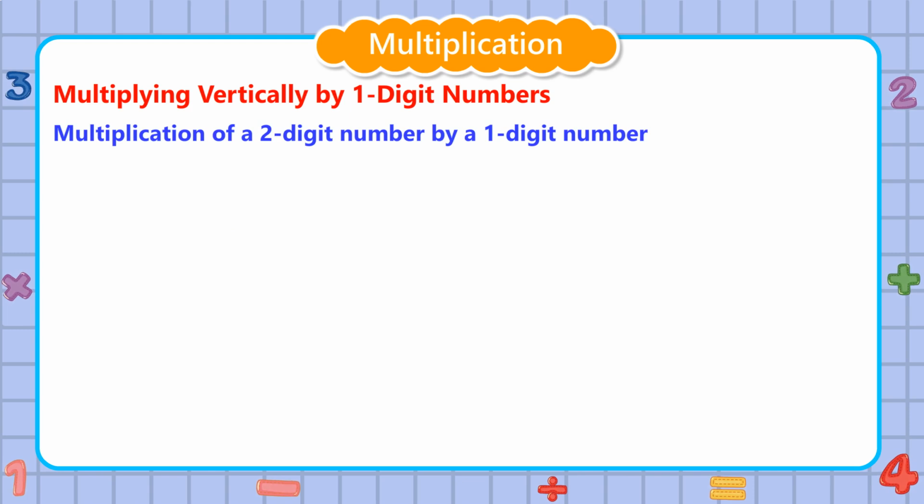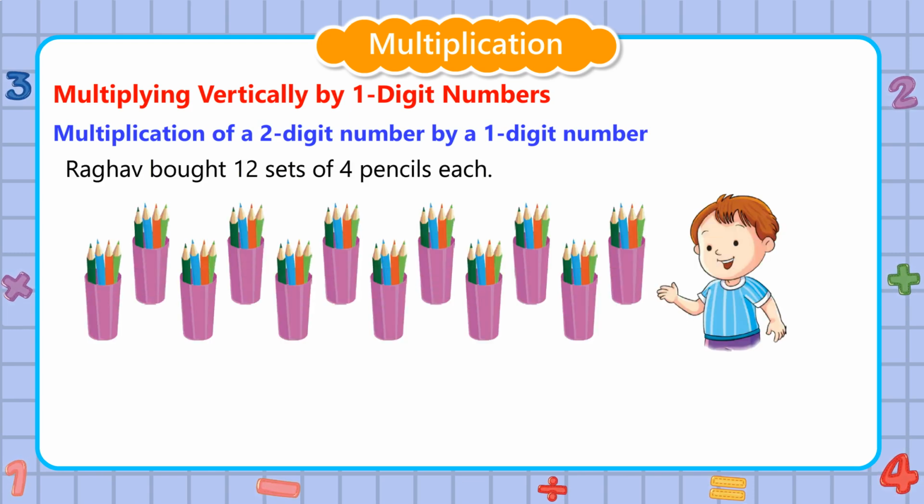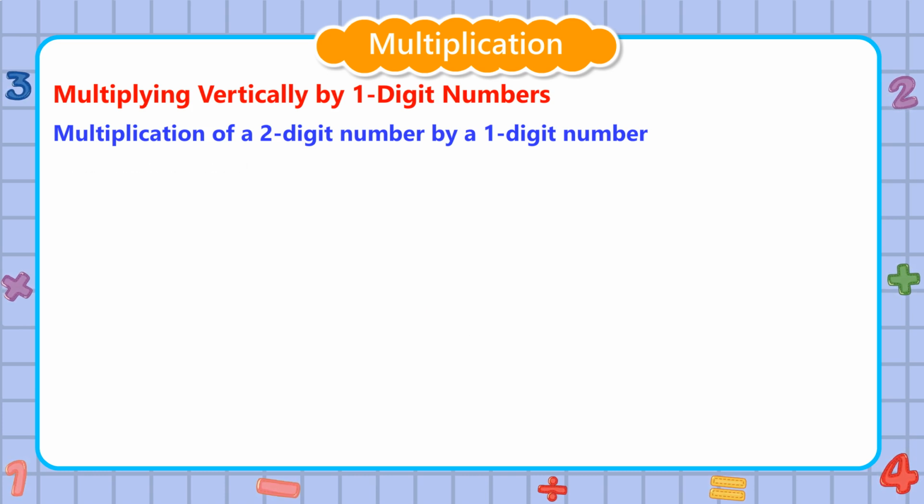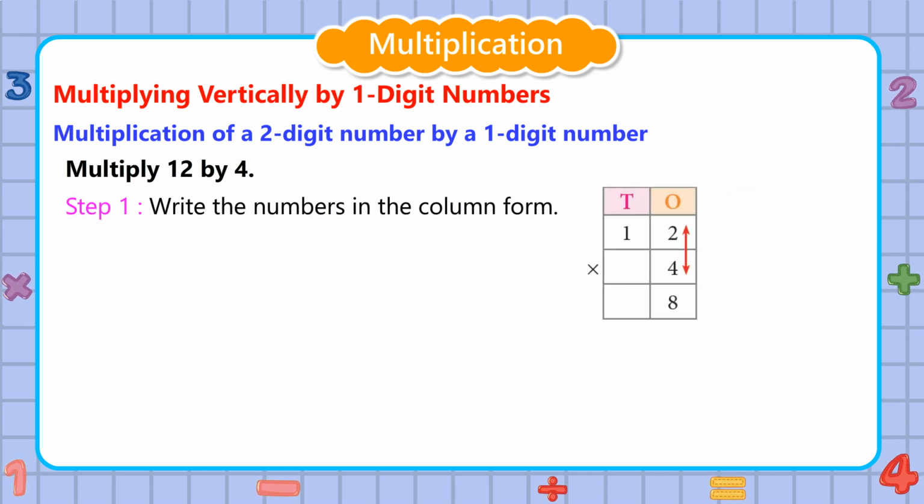Multiplication of a 2-digit number by a 1-digit number. Raghav bought 12 sets of 4 pencils each. Let us help Raghav to find the number of pencils he bought. Multiply 12 by 4. Step 1. Write the numbers in the column form. Step 2.